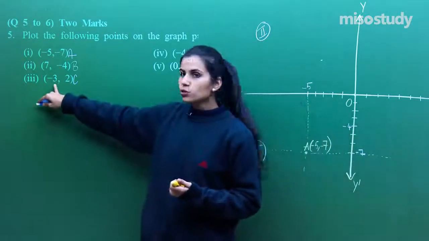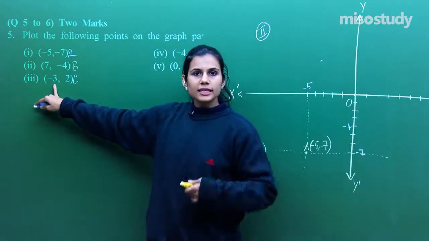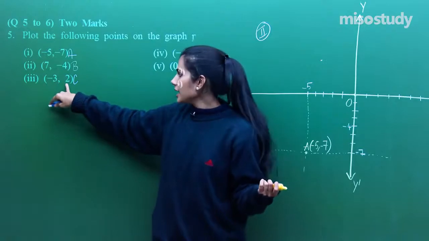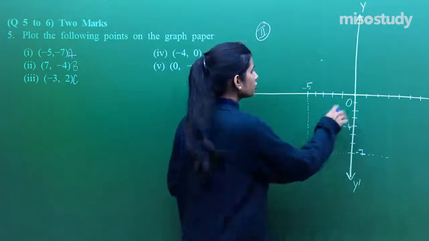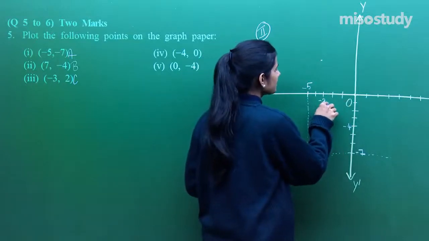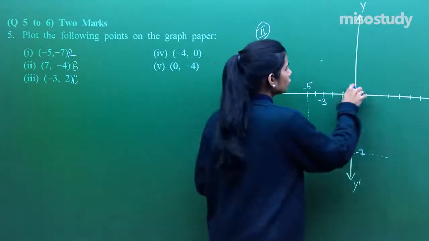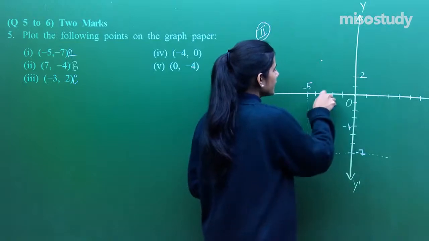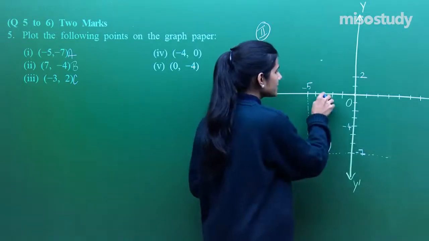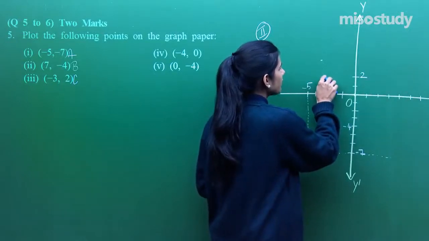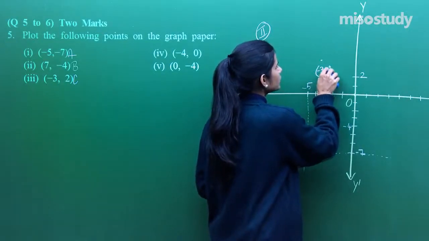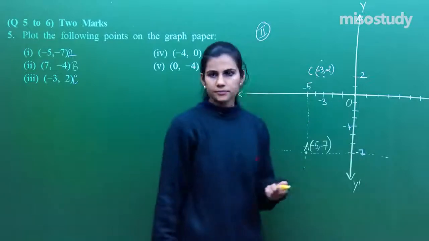I just have to move 3 units in the negative x-axis direction and measure 2 units along the positive y-axis. So 3 units along the negative x-axis, this is -3, and 2 units along the positive y-axis. If I draw a line parallel to the y-axis passing through -3, and a line parallel to the x-axis passing through 2, somewhere here they will meet. This point is (-3, 2), that is C.